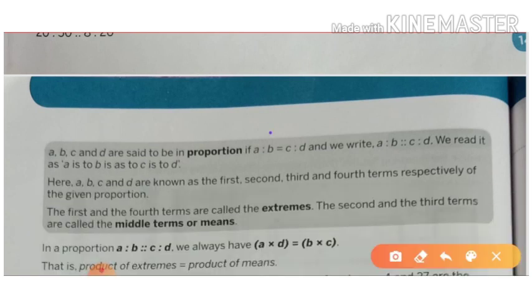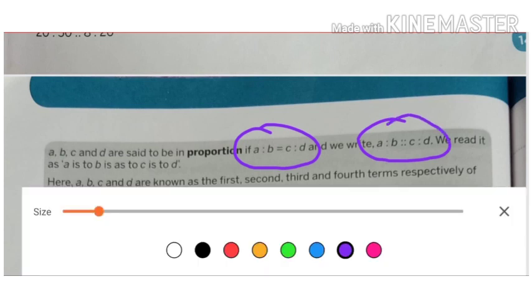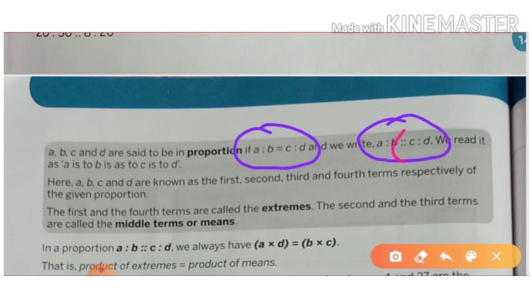See, if A:B is equal to C:D, we write like this. A:B and C:D, in between we put this sign, the proportional symbol. Then the two ratios are said to be proportional.